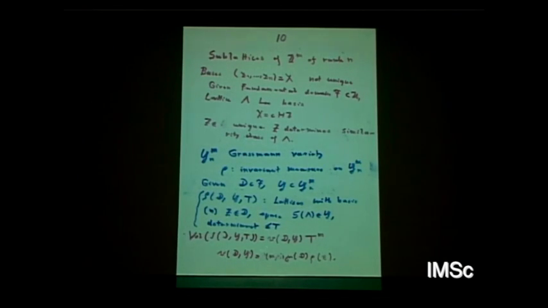Another thing that we wanted was the Grassmann variety, G M N, of n-dimensional subspaces of R to the m. And there's an invariant measure on this space, invariant under orthogonal maps. Now, suppose you have a D in a fundamental domain and some set G of n-dimensional subspaces.